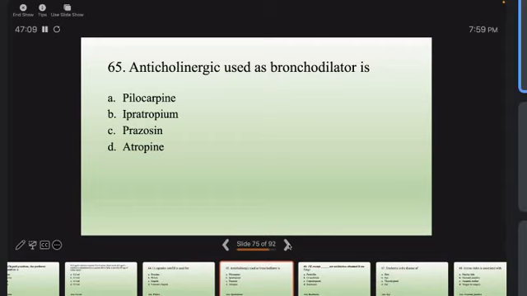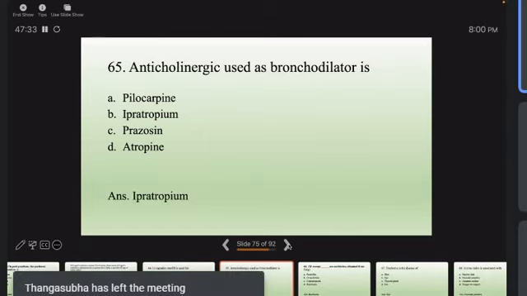Basically it reduces all the secretions of the body, because our cholinergic system is responsible for all the secretions. In case of poisoning, we may see increased secretion of saliva and fluid in the respiratory system. In order to prevent or reduce this, atropine is used. So the answer here is ipratropium bromide.